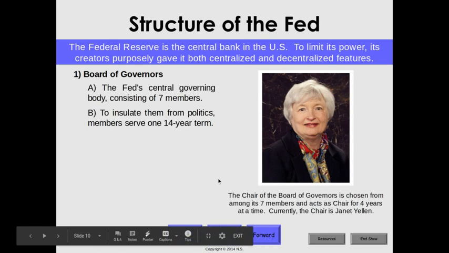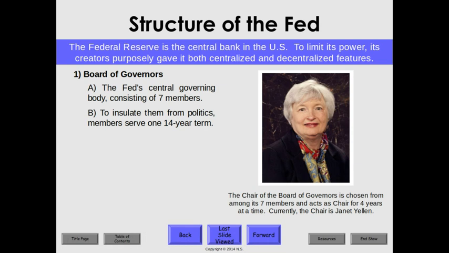This is an older PowerPoint there, but that's Janet Yellen, former chairwoman of the Fed. And when it says to insulate them from politics, what that means basically, it's similar to how Supreme Court justices are lifetime appointments.